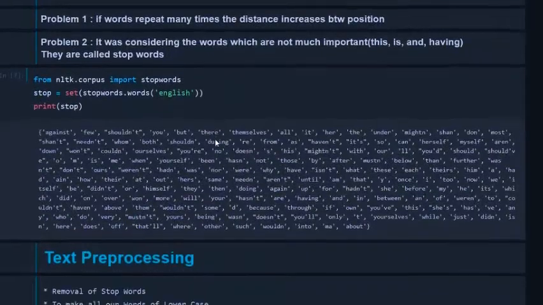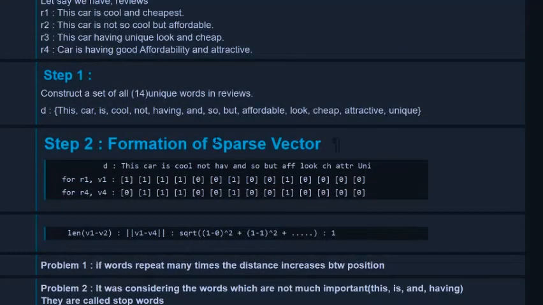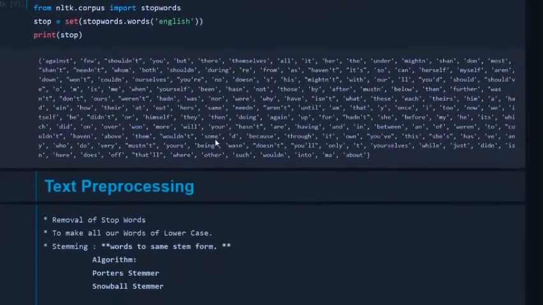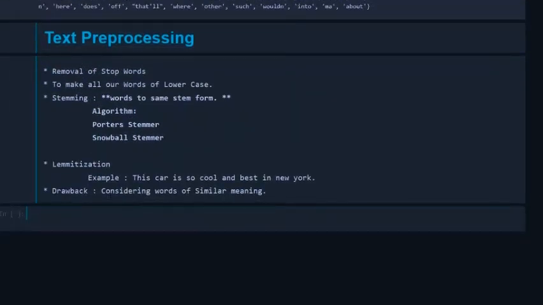So as per our technique, text to vector conversion, there is one drawback: the bag of words technique would not consider these similar words, converting different words with the same meaning into one word.